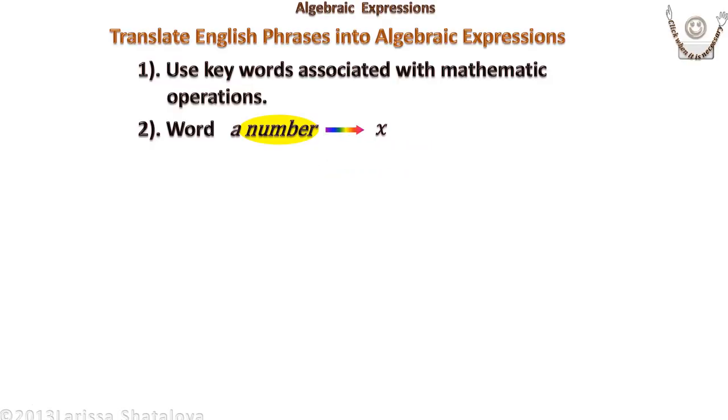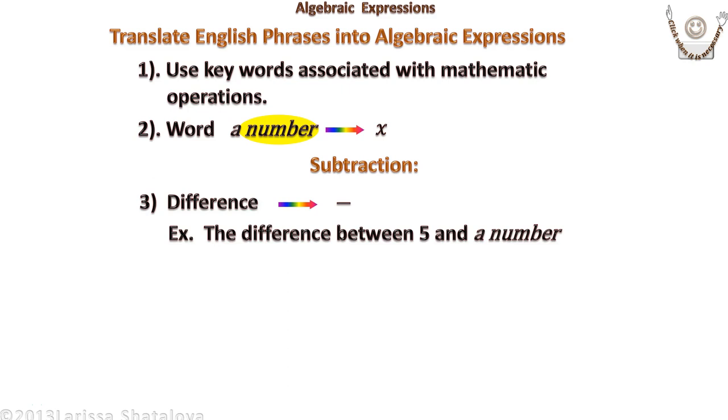For the arithmetic action subtraction, if we have the word difference, it looks like we have to subtract something from something. Here is an example. Difference between 5 and a number. Difference, we have to show subtraction, and then 5 and a number is variable x.